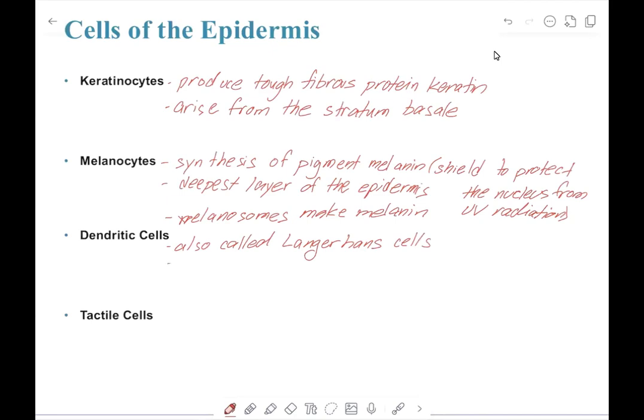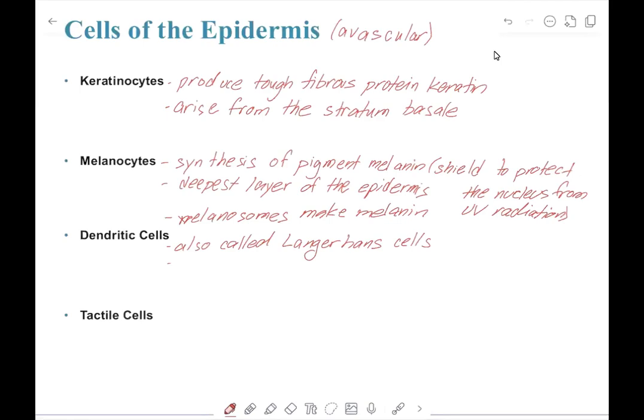They kind of work like the immune system because there is no blood supply in the epidermis. Remember, one characteristic about epithelial tissue is that it is avascular, so there's no blood supply. And the blood supply would be where the white blood cells and various other immune cells would come in.